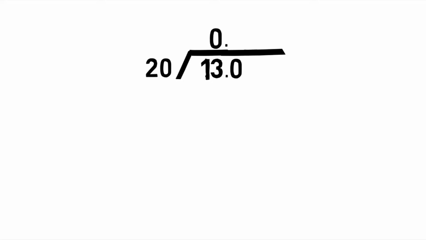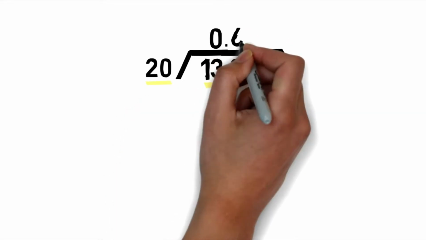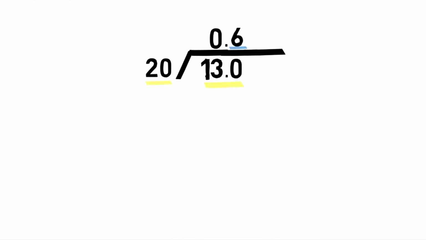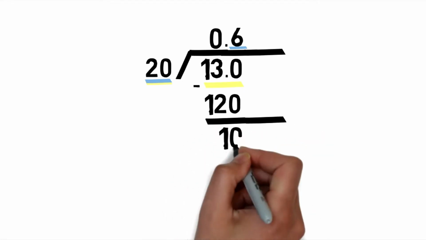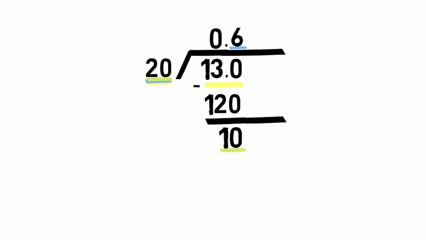This time, we proceed to division. Taking the new dividend, that is 130. 130 divided by 20, we got 6. 6 times 20, we got 120. 130 minus 120, the difference is 10. 10 divided by 20 cannot be, so we need to annex another 0 to the dividend.